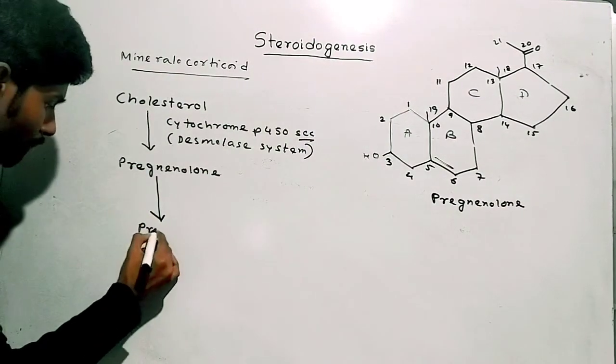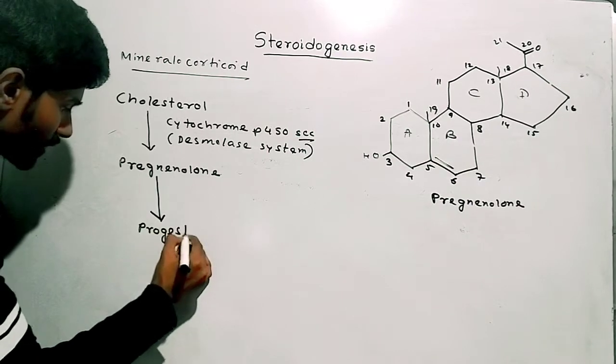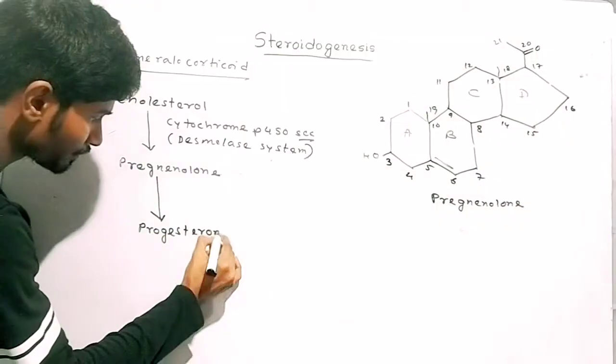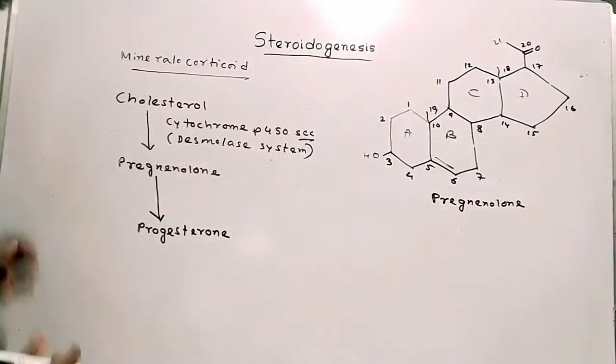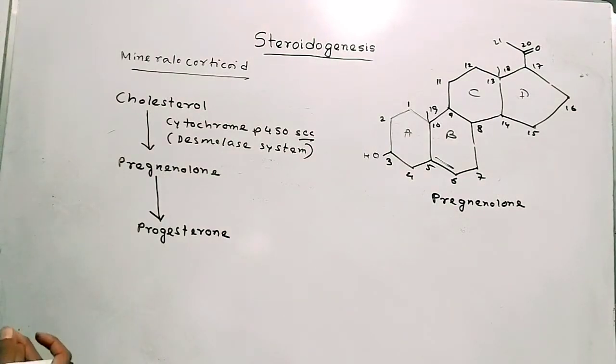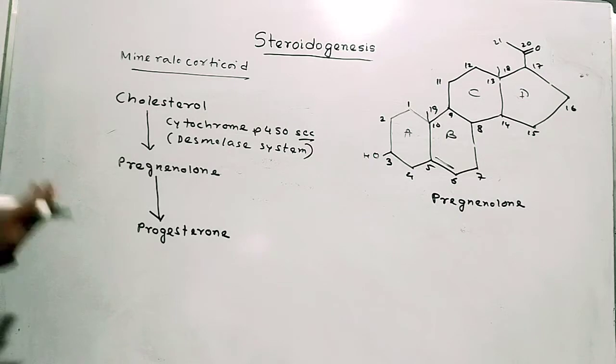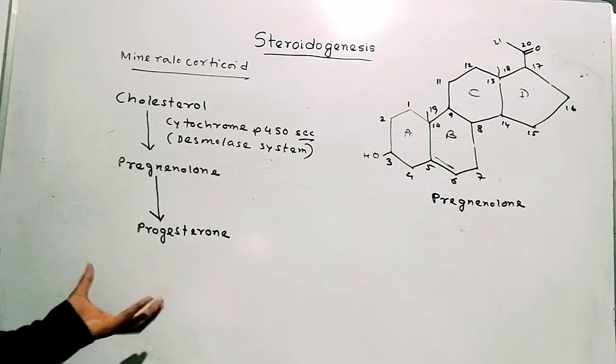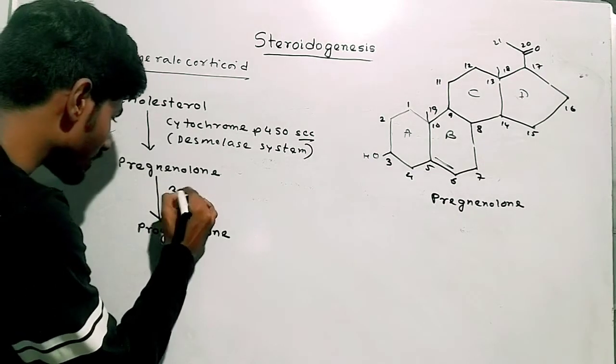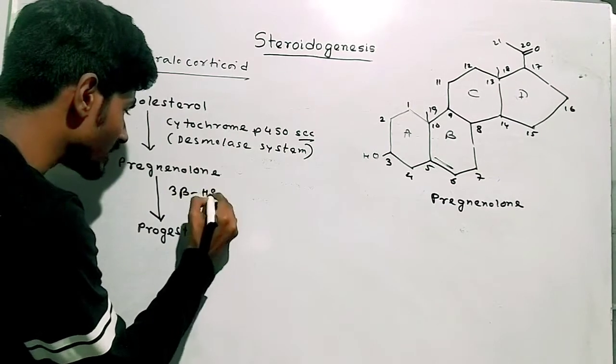producing progesterone first. Okay, so progesterone is a 21-carbon compound, and pregnenolone is converted into progesterone by the action of the enzyme 3-beta-HSD.